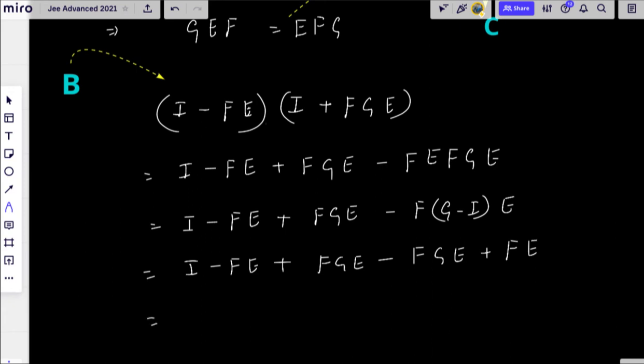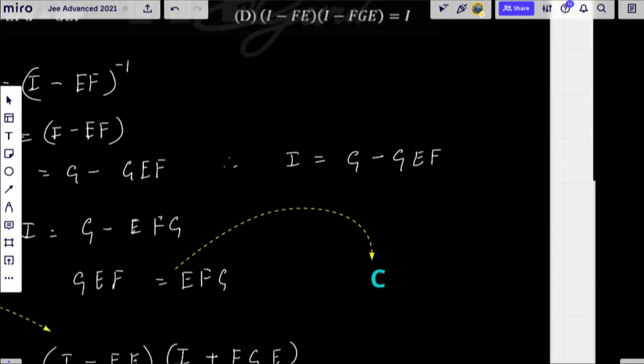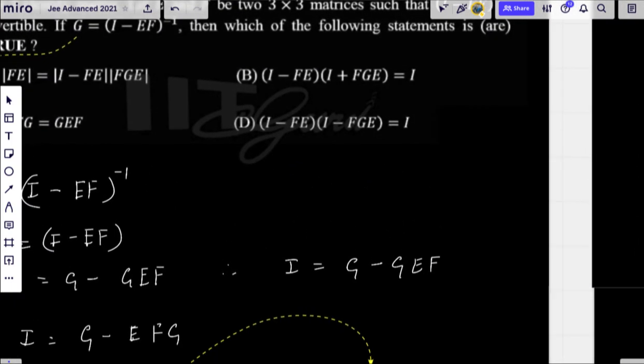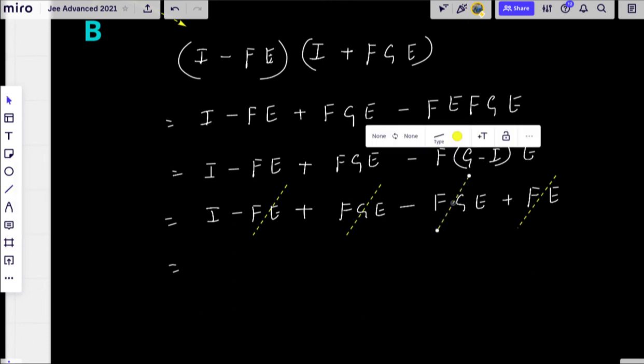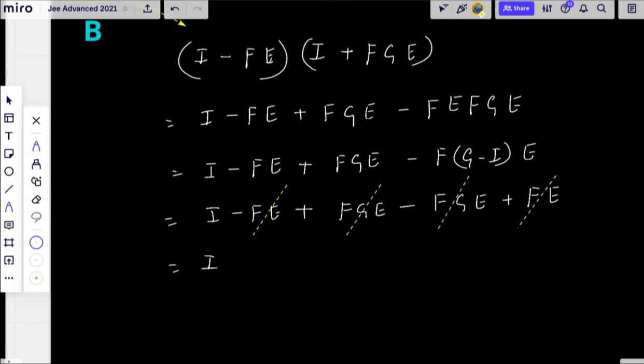So now let's see what is left over here. In this B option, I will be left. FE relates with this FE, and FGE relates with this FGE, so only I will be left. That's all. So the B option is also correct.